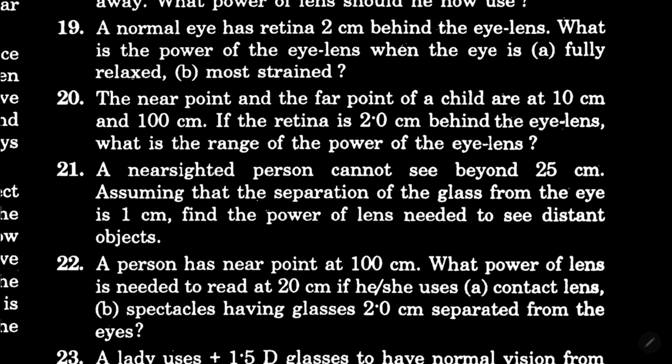In question 20, the near point and far point of a child are given. What is the range of the power of the eye lens? Solution 20.